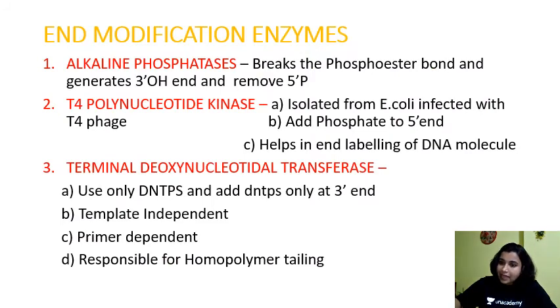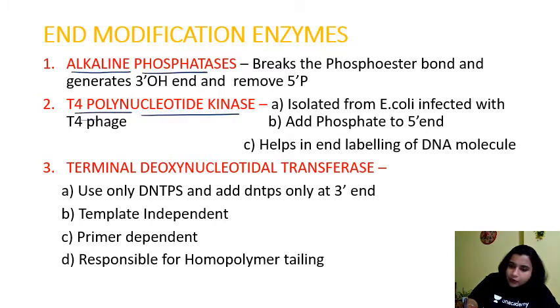Next, we will see the end modification system. In the end modification system, we have certain enzymes, for example, alkaline phosphatase, T4 polynucleotide kinase, and terminal deoxynucleotidyl transferase, right?